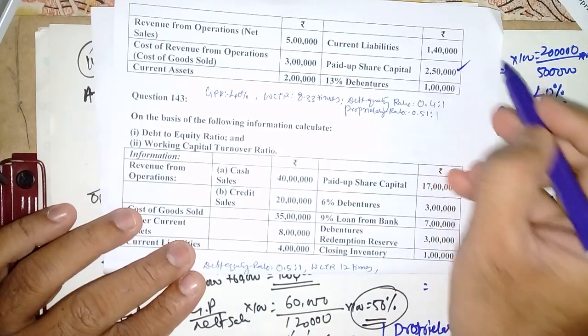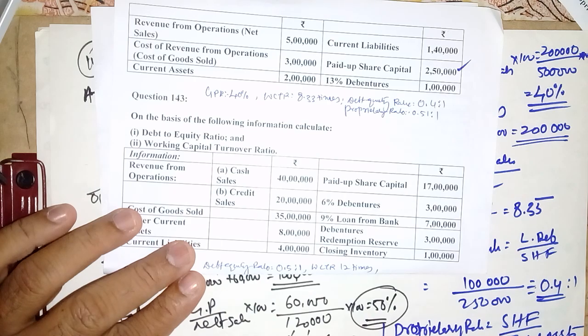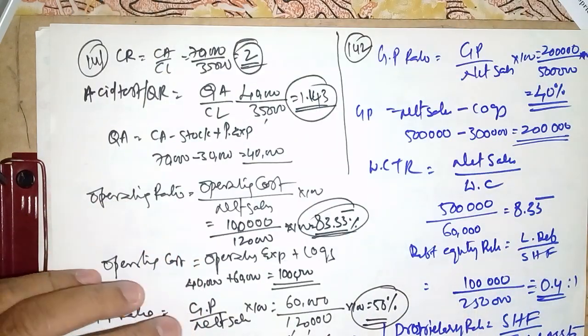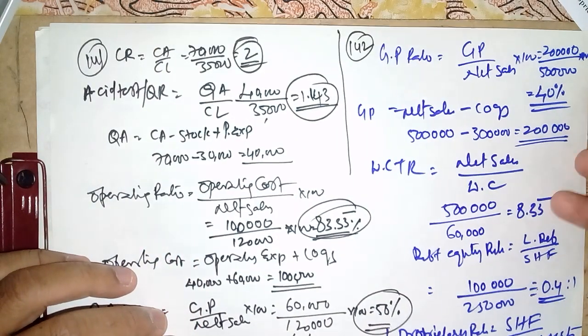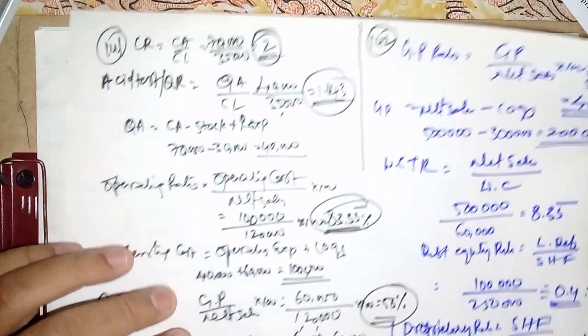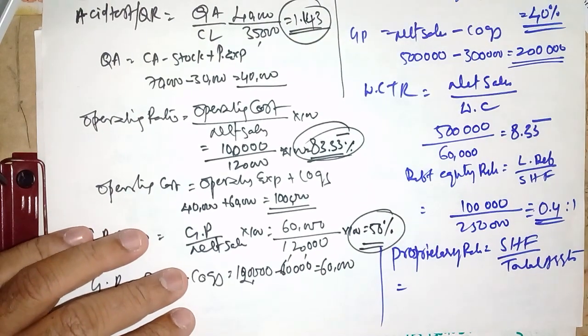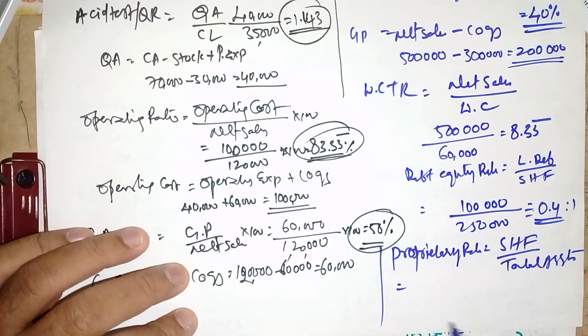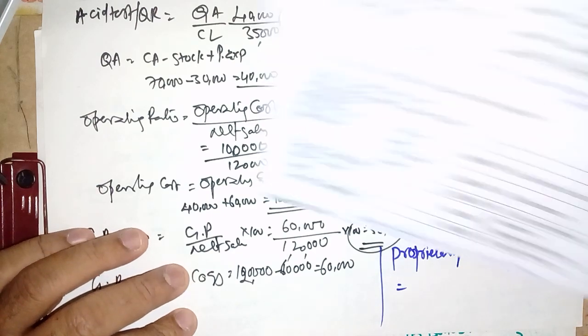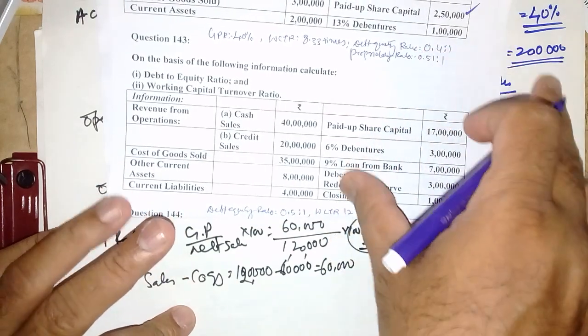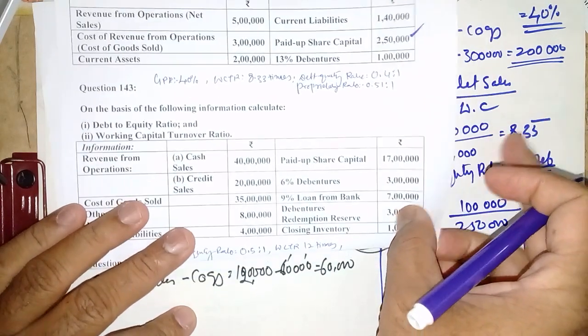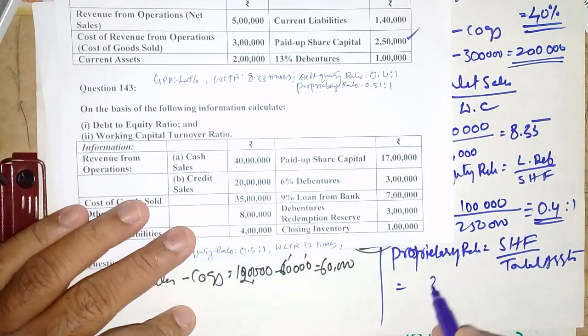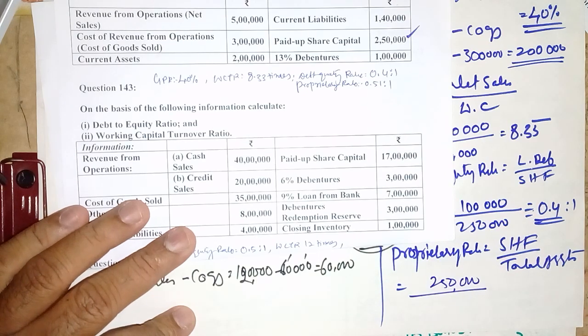Shareholders fund is paid up capital. So shareholders fund directly is given, that is the paid up capital, 2,50,000, divided by total assets. How to calculate total assets?